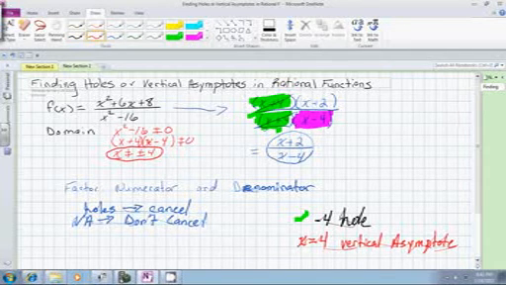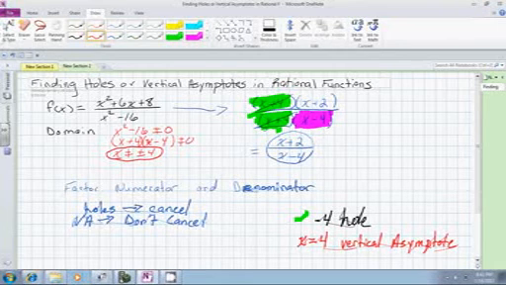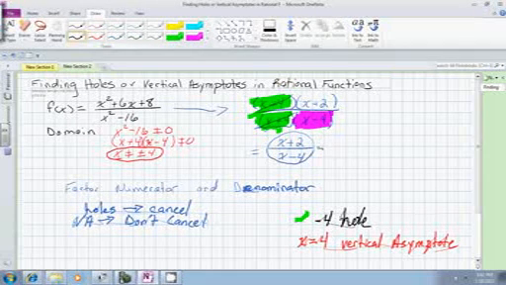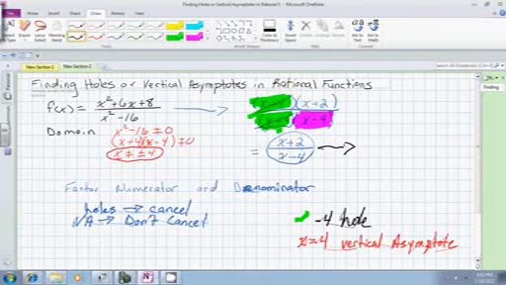So how do we figure out where the hole is located? We know it's at x equals negative 4, but what is the y value of the hole? In that case, we take our simplified result, x plus 2 over x minus 4, and we substitute the x value for my hole, which is negative 4.